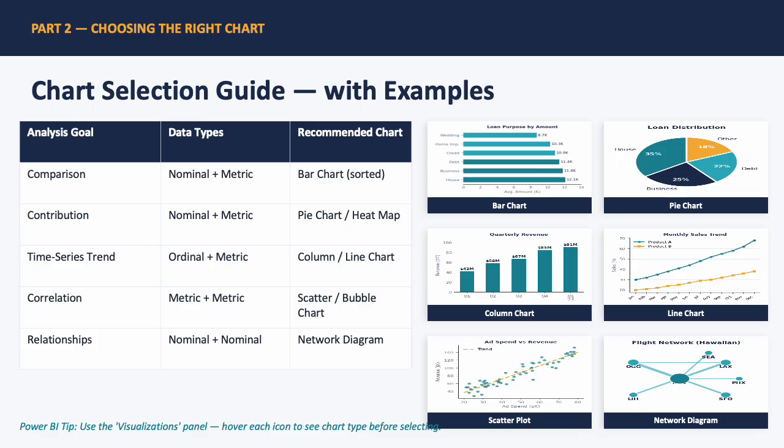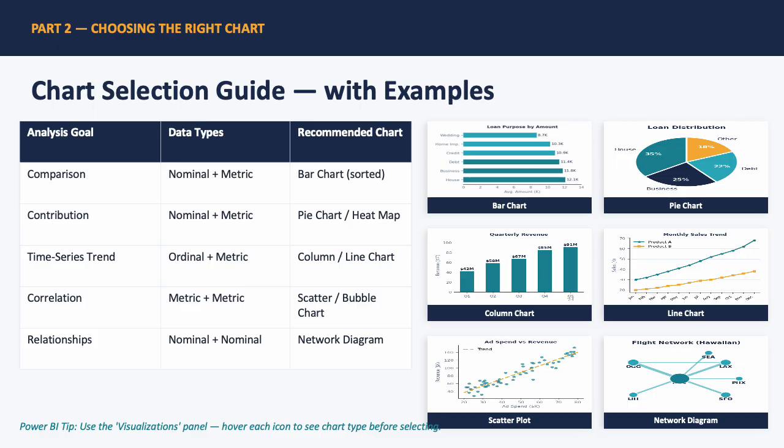Now, for comparative analysis, that is, you are comparing the magnitude of values across categories. This is where you are working with a nominal attribute and a metric. So the bar chart is the most effective choice in this case. It should be sorted from largest to smallest so the reader can immediately see the ranking.